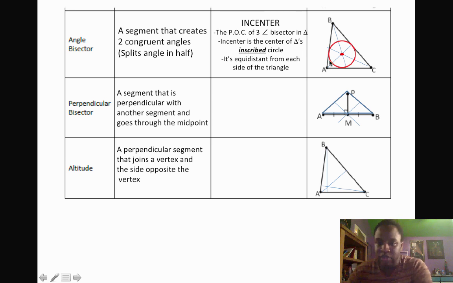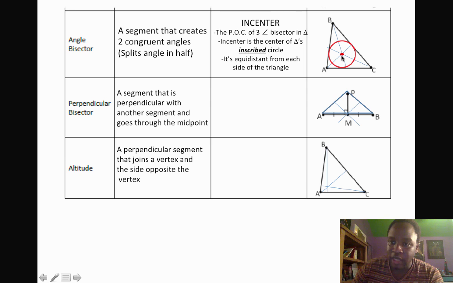So an inscribed circle is a circle that perfectly fits inside the triangle. So that means the three sides of the triangle just lightly touch the sides of the circle. So the incenter is the center of the inscribed circle. It is also equidistant from each side of the triangle.